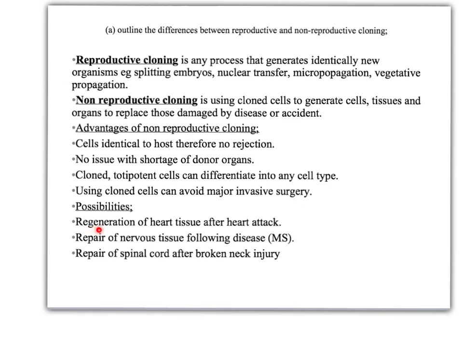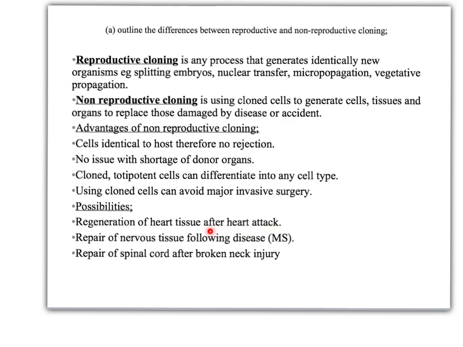The type of things that might be able to happen in the future is regeneration of heart tissue by putting cloned cells into the heart, and they would develop into heart tissue to replace damaged heart tissue. Repair of the nervous system following diseases, and also perhaps repairing the spinal cord after damage is done to it.